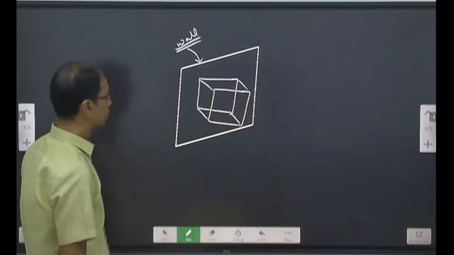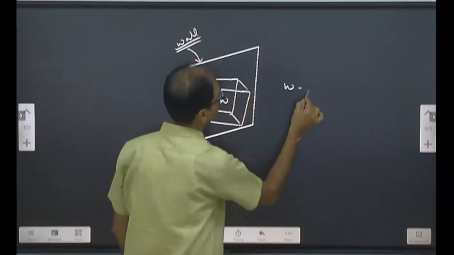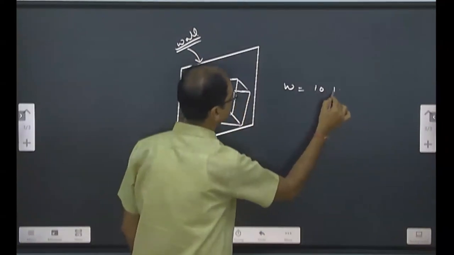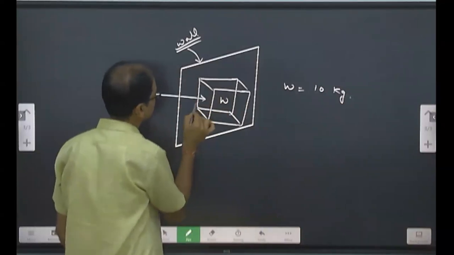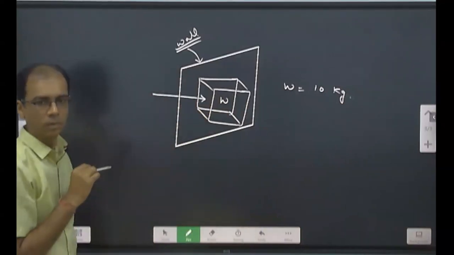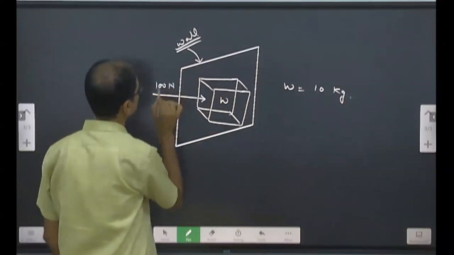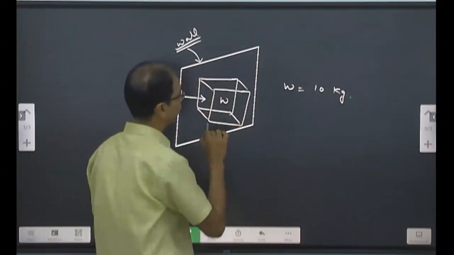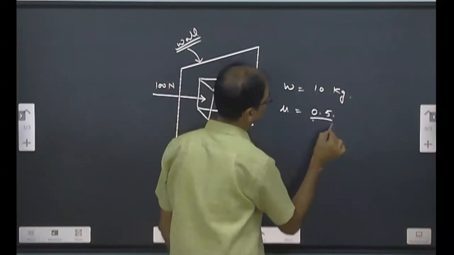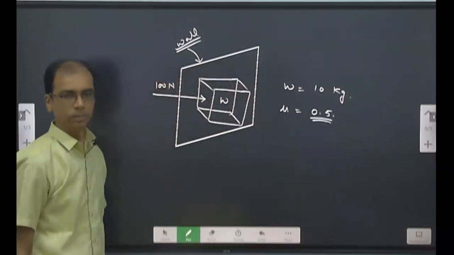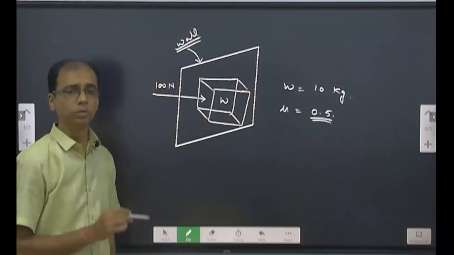On this box, its weight is there. Its weight is W, let's say 10 kg. From this side, I'm applying one force, and its magnitude is also 100 Newton. Friction is there between the wall and this box. Mu is 0.4 or 0.5. We have to find whether this box is going to move or not.